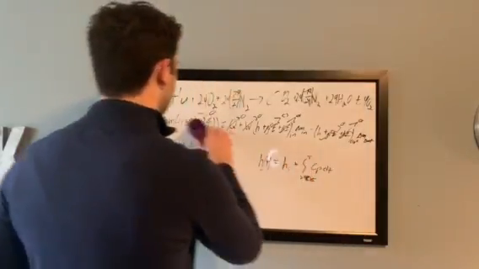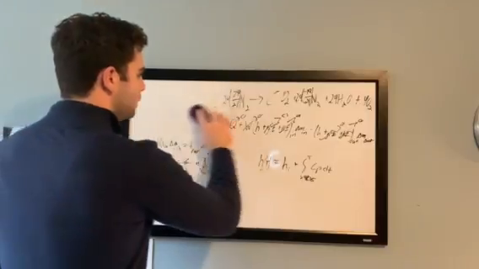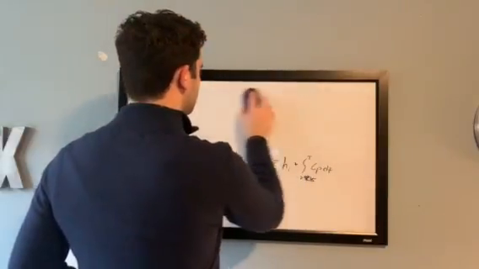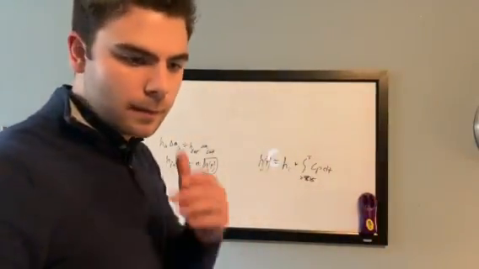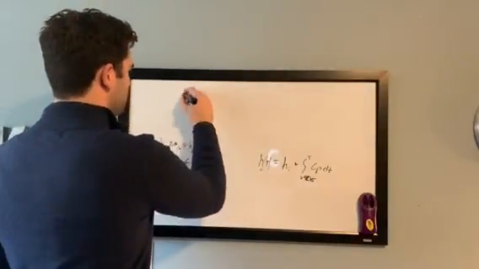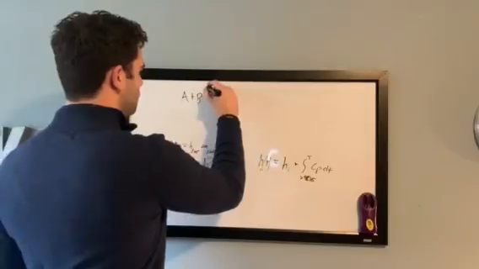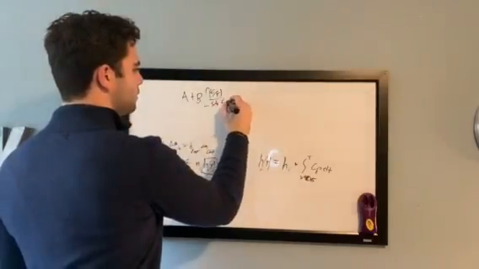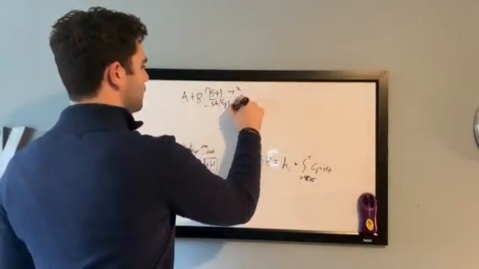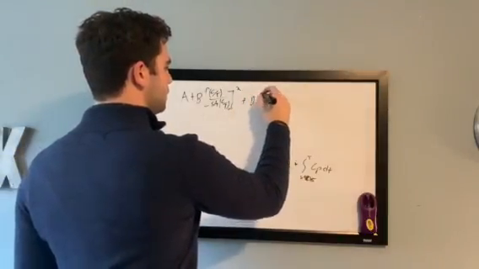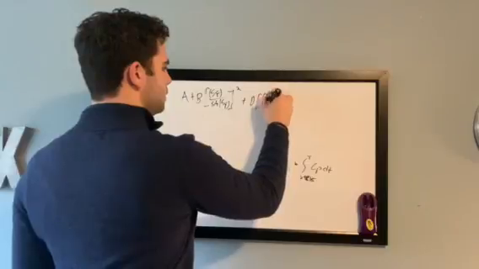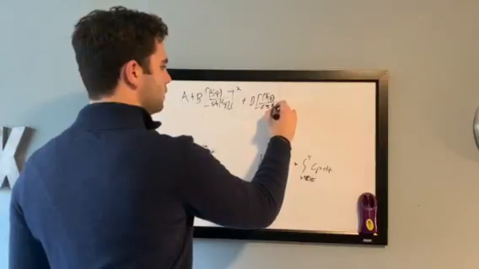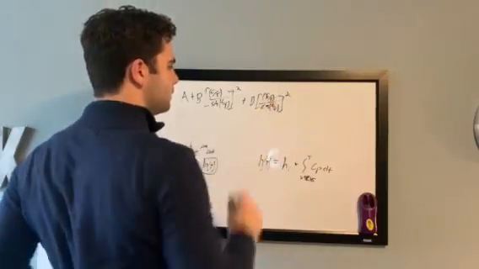I don't know how to do this on my own, so I used ChemCAD to find the equation, and it came out to be this: A plus B times (C over T divided by the sinh of C over T) all squared, plus D times (E over T divided by the cosh of E over T) all squared.